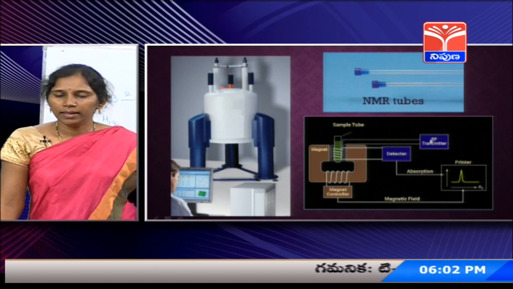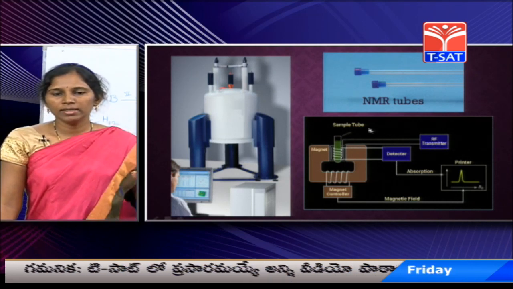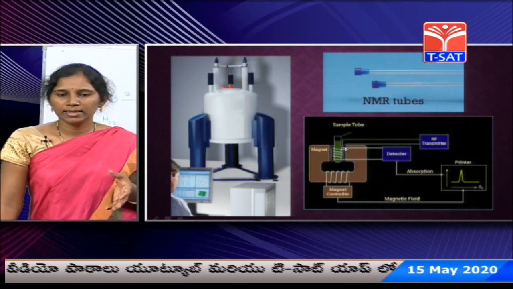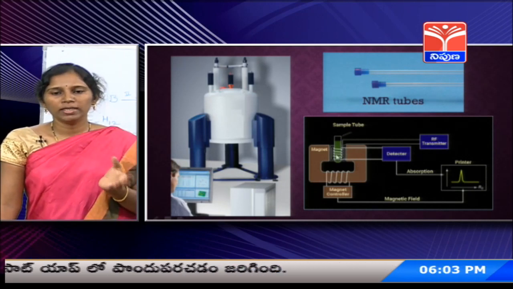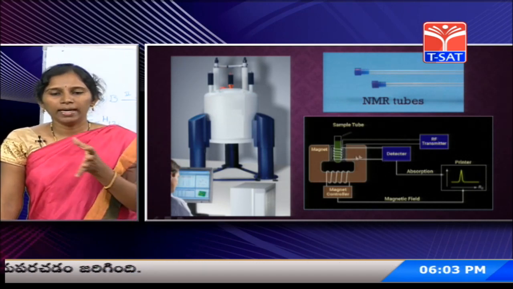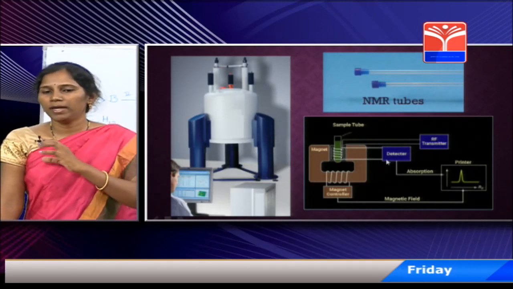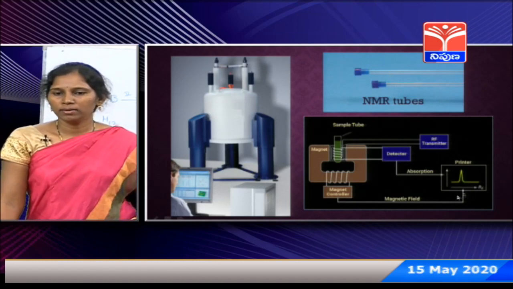From the RF transmitter, radio waves will be generated, irradiating the samples, and the resonance takes place here itself, producing energy in the form of radiation, and that radiation will be absorbed by the detector, producing a peak in the NMR spectrum.